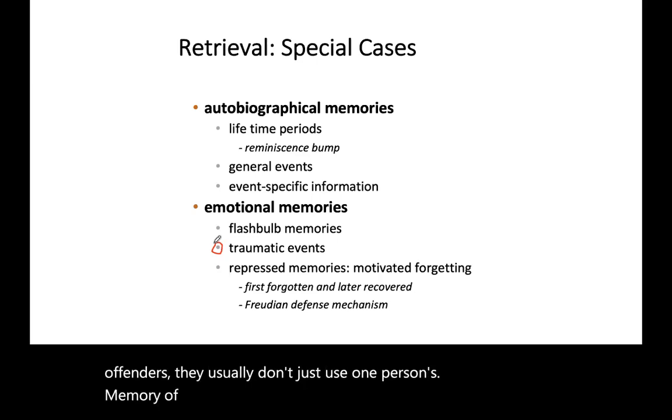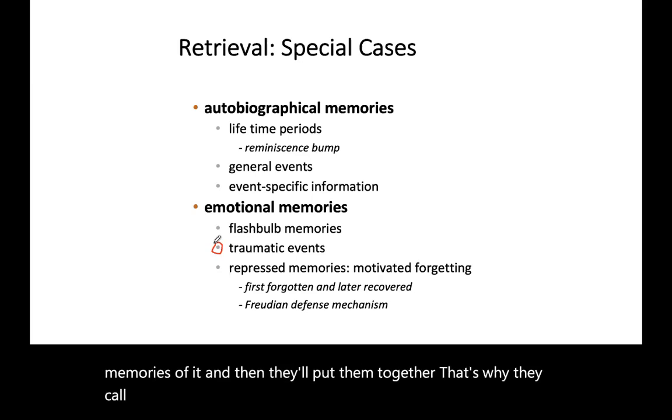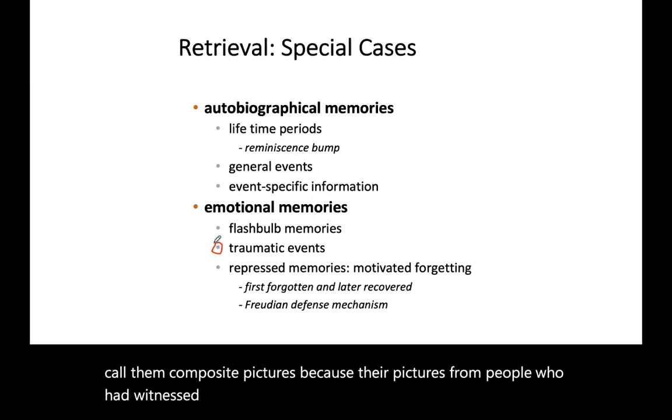If it has multiple victims, they'll take multiple victims' memories of it, and then they'll put them together. That's why they call them composite pictures, because they're pictures from people who had witnessed or had been that, and then they combine them all together.